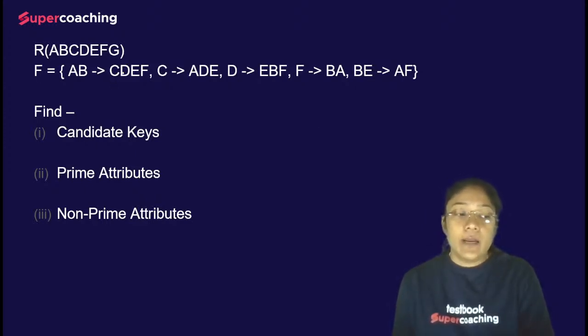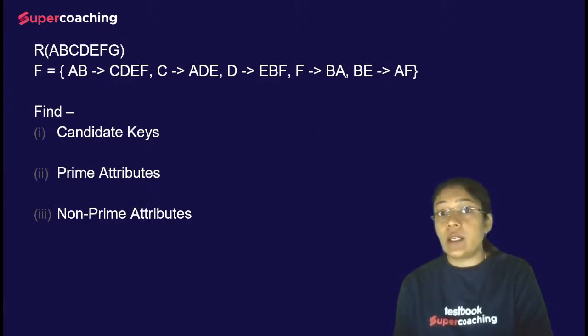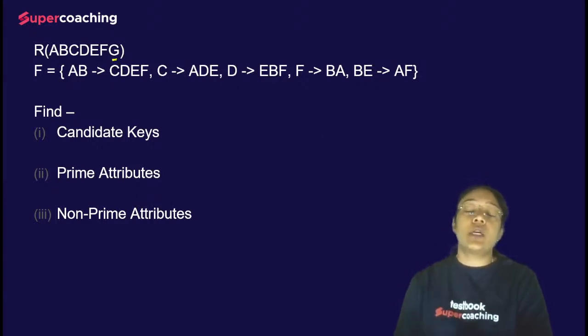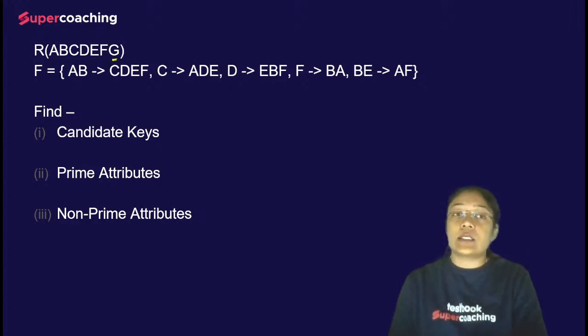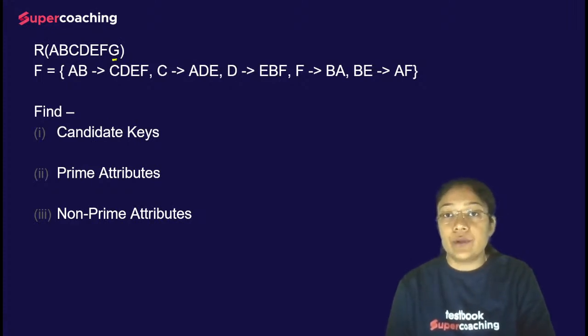Just give it a try. In total, we have 7 attributes here, A, B, C, D, E, F, G. But in the given functional dependency set, if you observe carefully, no functional dependency is covering the attribute G. That means you have to take G exclusively in every key.